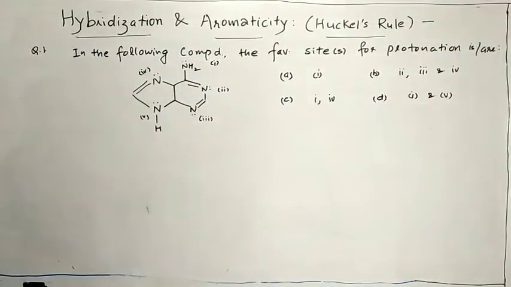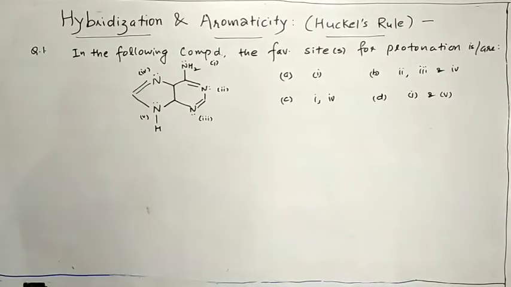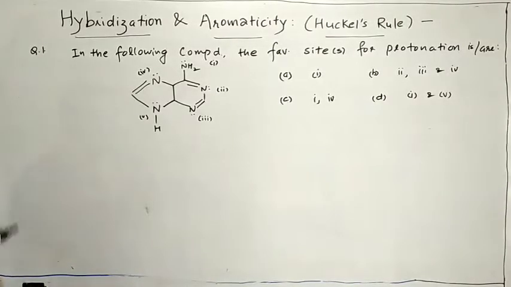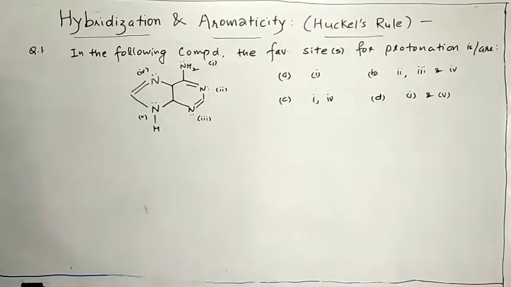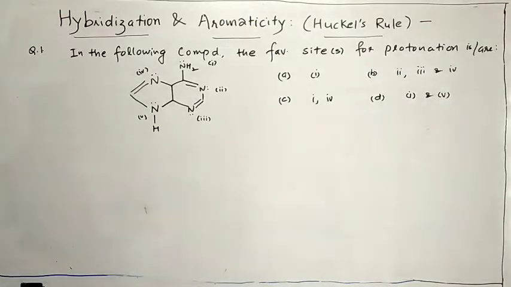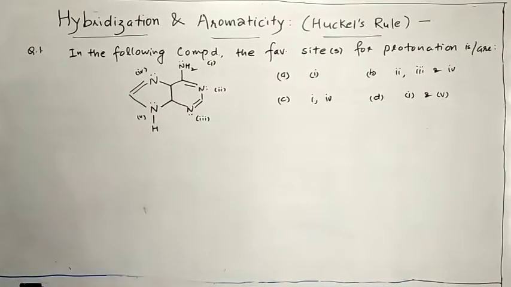So in this question there are 5 nitrogen atoms, and we have to find which nitrogen undergoes protonation easily, the favorable site for protonation. So by using aromaticity you will see one by one on which nitrogen atom the lone pair of electrons is easily available for protonation.